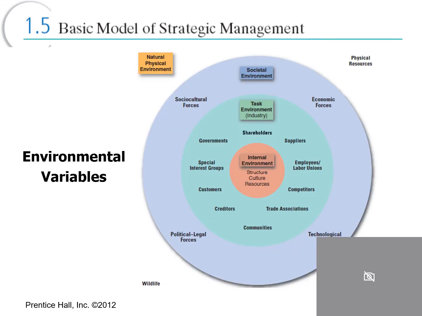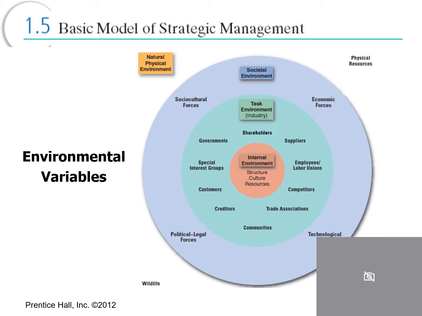So in terms of the external and internal environment, we can separate into 4 layers. The first one is the physical resources, societal environment, task environment, and finally internal environment. Okay, physical resources, societal and task environment, they are external factors.